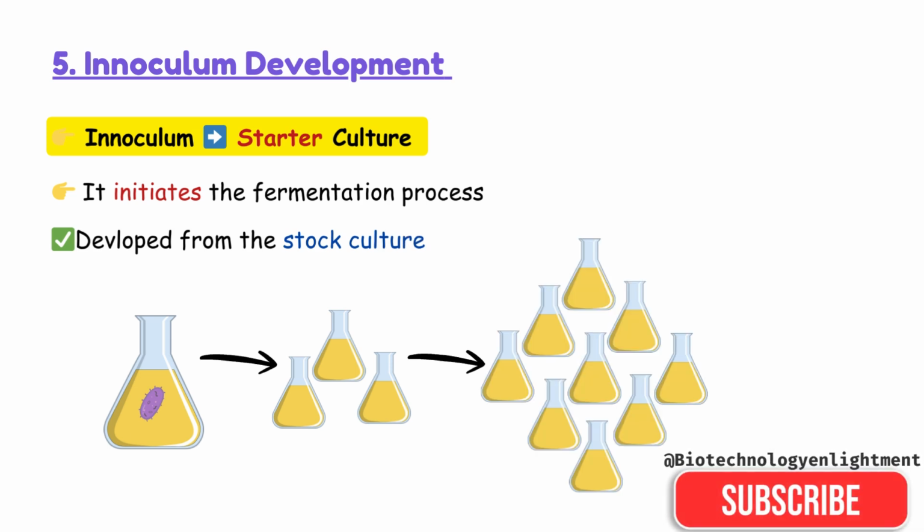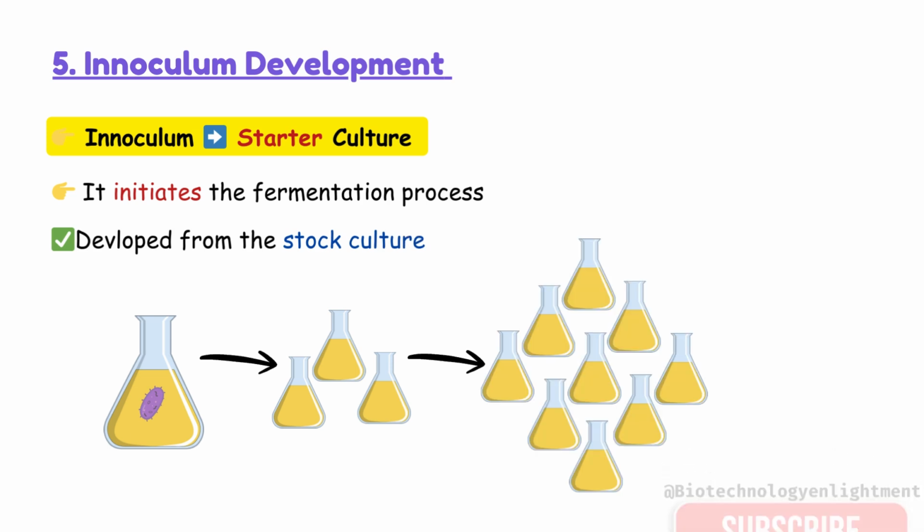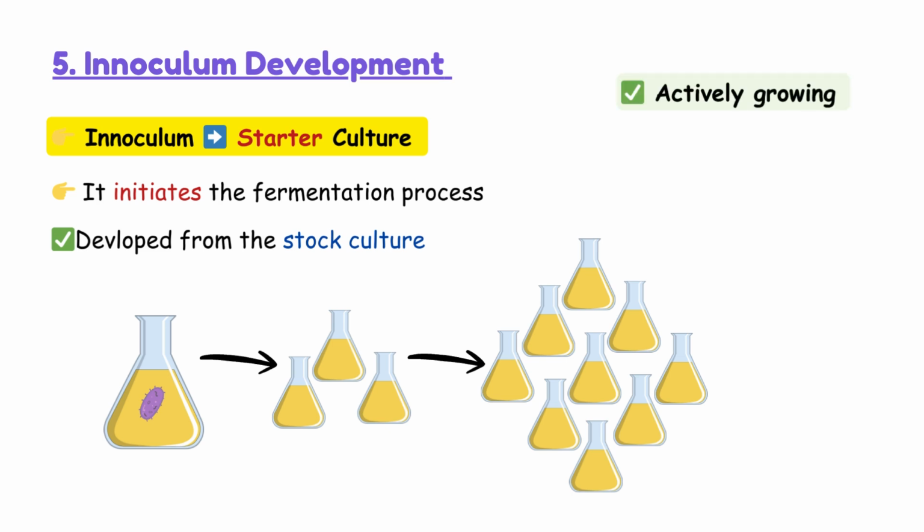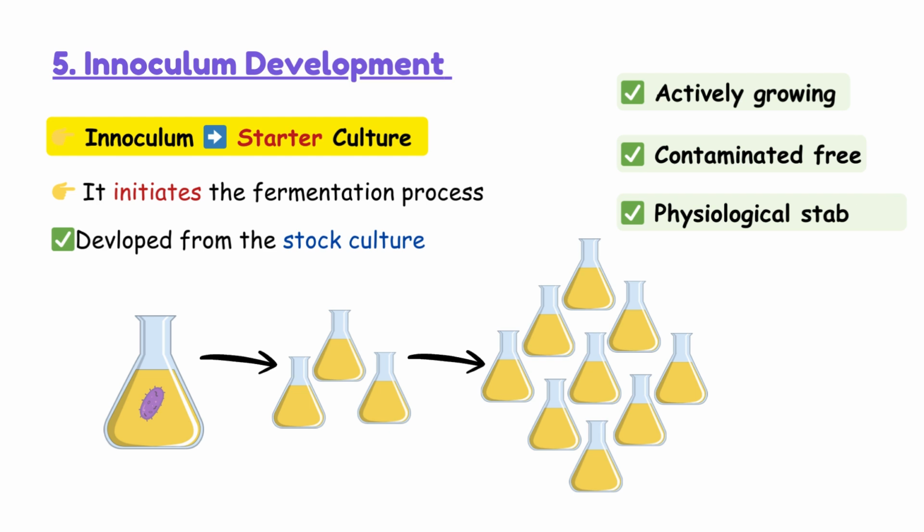Now, an inoculum should always be good, and the parameters for saying that an inoculum is good are that it should be actively growing, it should be contamination free, and it should also have physiological stability.